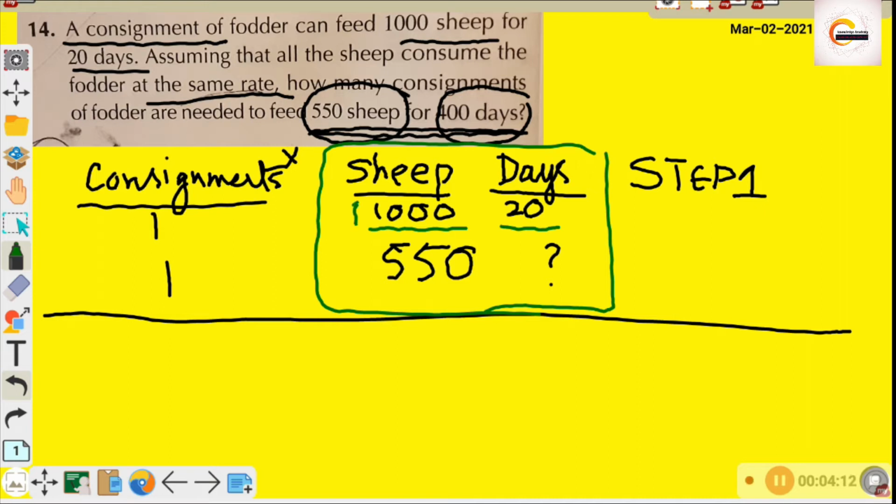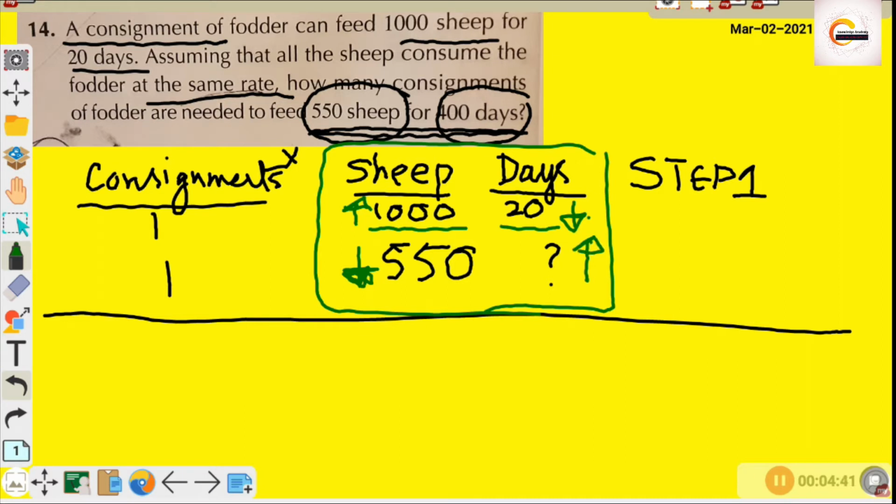so I'm going to write down over here, more sheep will consume in less days, then less sheep, if we have less sheep, then they will consume in obviously more days.